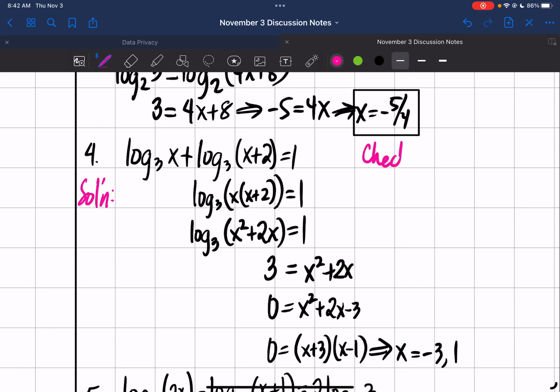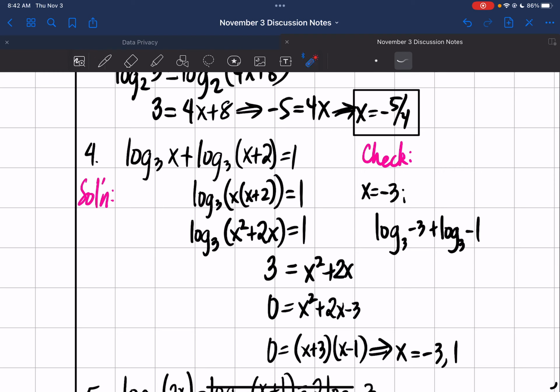So, check. If x equals negative 3, what we'll get here is log of negative 3 base 3 plus log of negative 3 plus 2, this is negative 1 base 3.